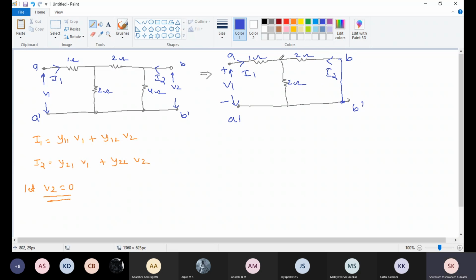Now I1 and I2 come together at this node, so the current in the parallel 2 ohm resistor is I1 plus I2.